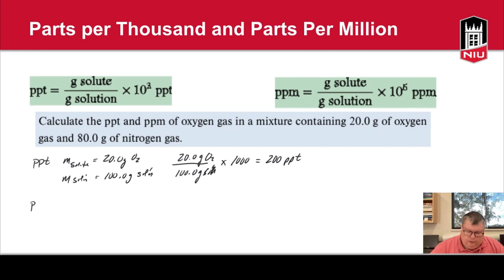Similarly, parts per million, we know the same mass of the solute and mass of the solution.